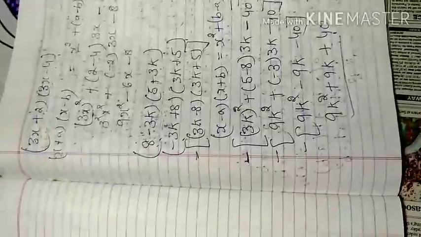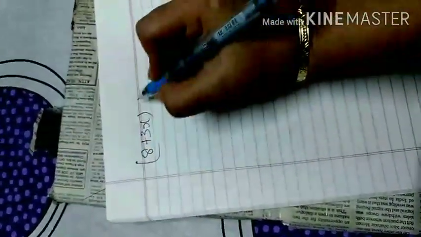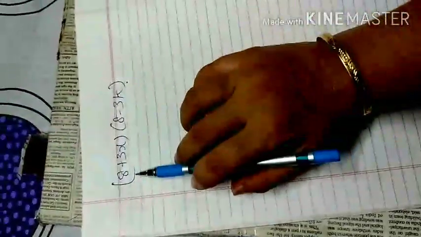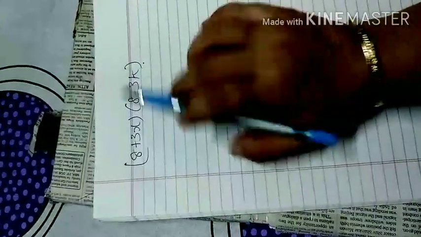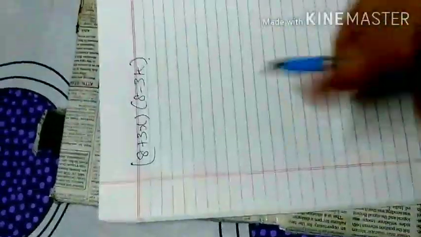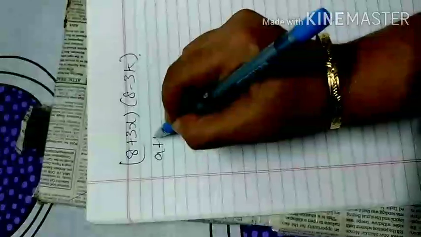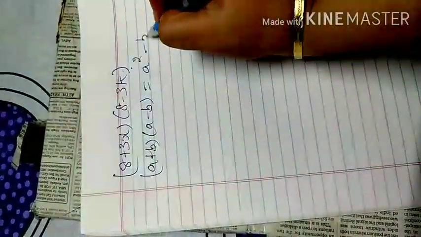Now what happens if your terms are the same? So what you will do, if your terms are the same, suppose I have 8 plus 3x and 8 minus 3x. Okay, so if terms are the same, one time adding and another time subtracting, addition or subtraction of same terms, instead of opening with the first term with the whole bracket, second term with the whole bracket, I have the formula a plus b, a minus b, we just proved a square minus b square.